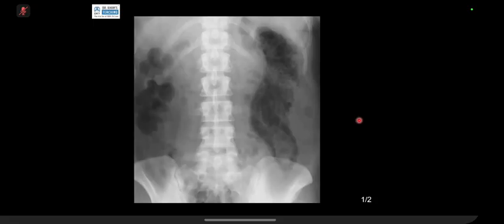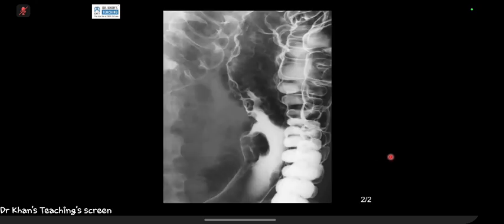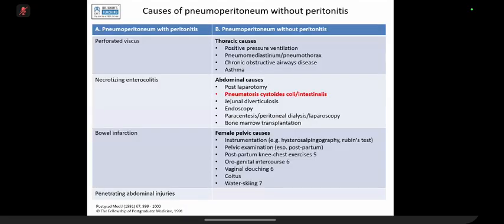And this is another example where the ascending colon up to the splenic flexure is involved, on a barium examination. So from here comes this concept of causes of pneumoperitoneum without peritonitis. And this is the concept of treating the patient, not the X-ray.